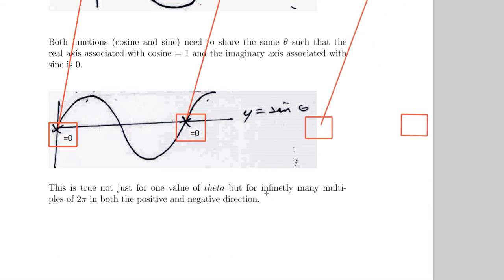What I suggest in this last part is simply that this is true not just for one value of theta, but for infinitely many multiples of 2 pi in both the positive and negative direction.